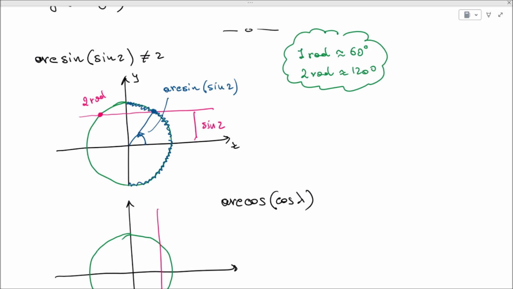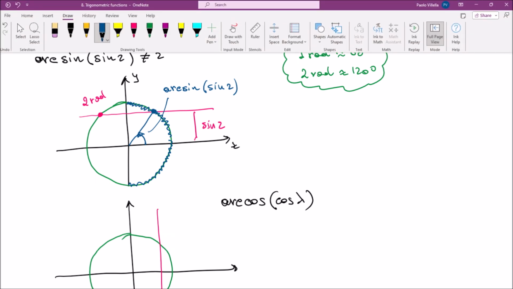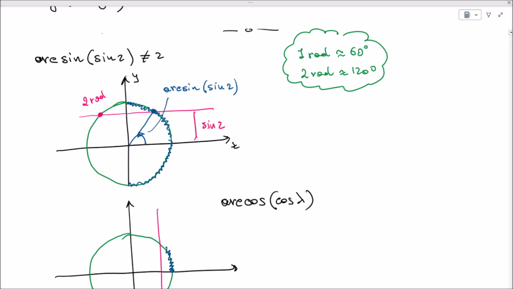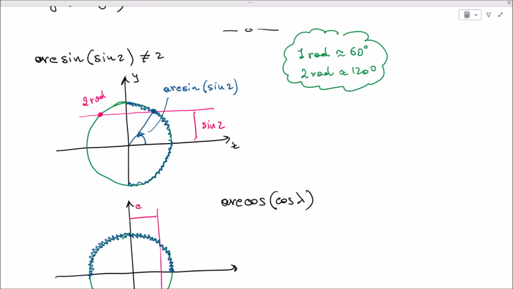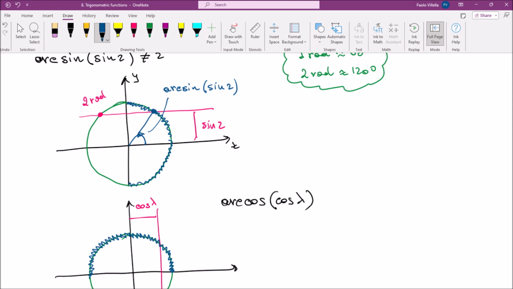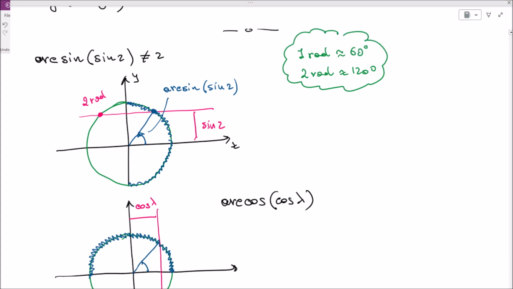Because the domain of the arc cosine is this one, and let's suppose that this would be the cosine of lambda, in this case the solution to the equation is clearly given by this. This will be the solution of the equation, because it will be identified by the intersection between the codomain of the arc cosine function and the line representing the cosine of lambda.